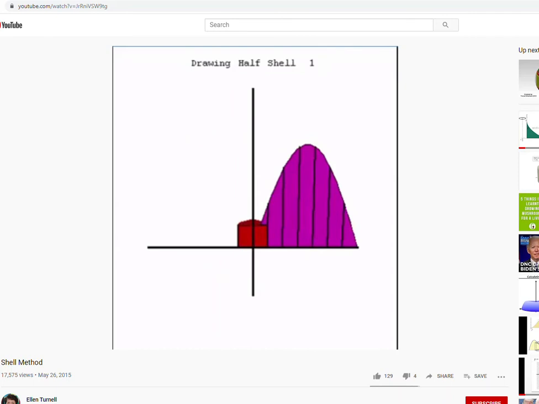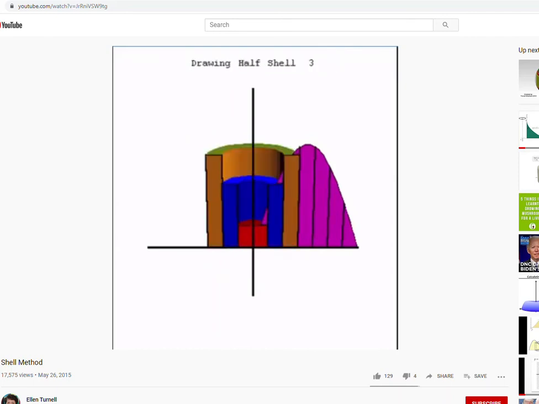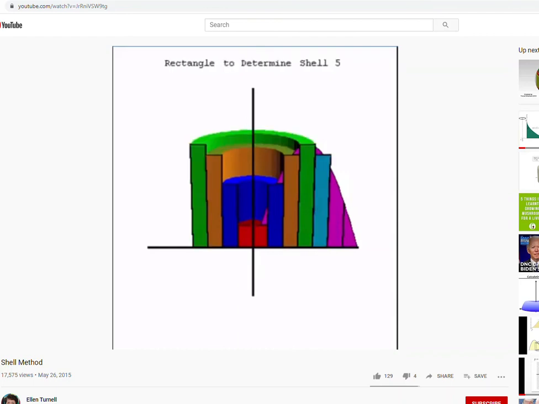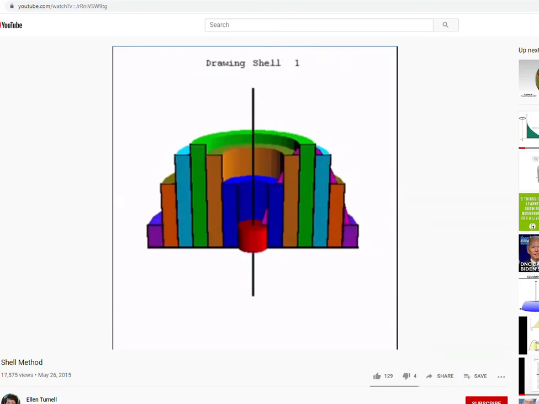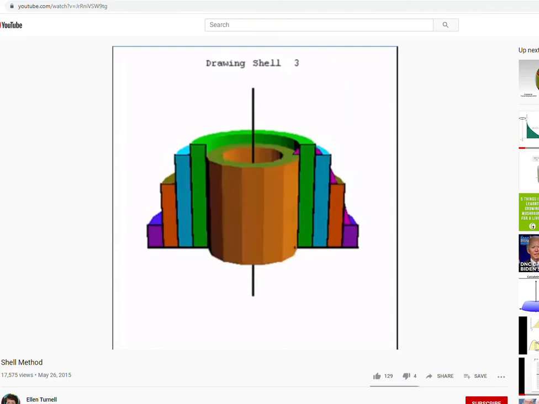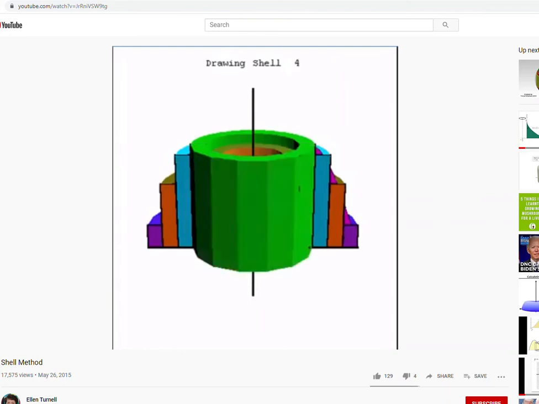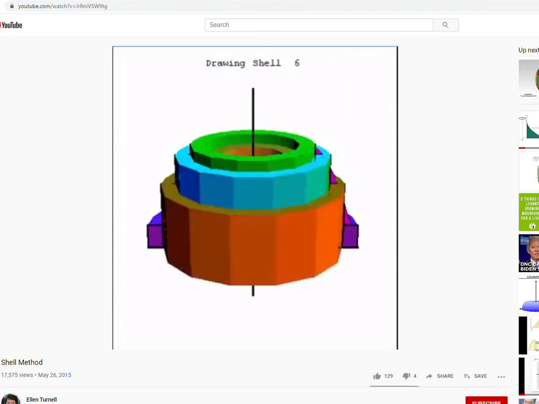They're now going to do this for a bunch of little rectangles. And they're only going to draw half the shell so you can kind of see inside it. But notice you get these shells that kind of fit one inside the other, comprising an approximation for the volume of the whole thing. They're now filling this in so they can see the complete shells creating this volume.